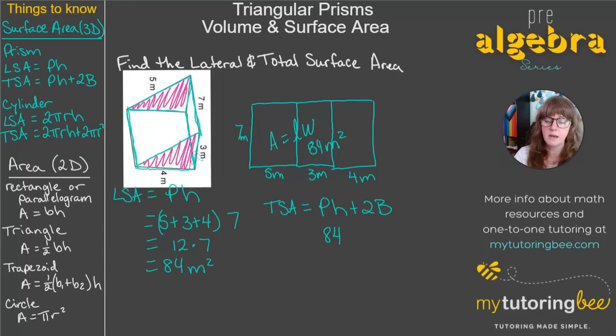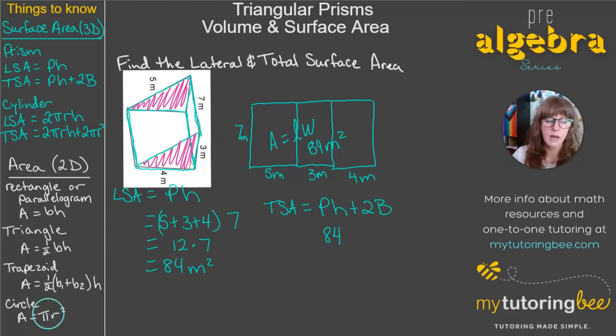Whenever we see, again, capital letters, we're talking about the two-dimensional bases of our 3D figure. In this case, the bases are those triangles, and we have 2 of them. That's where the 2 comes from. Capital B means the area of a triangle. Well, what's the area of a triangle formula? We've got it right here. Area equals 1/2 base times height.